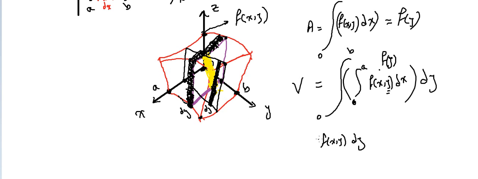And if we integrate it from the lower bound of y, which is 0, to the upper bound of y, which is b, it will cover the whole area of the sheet of paper, and this will be an area, and this will be a function of x.